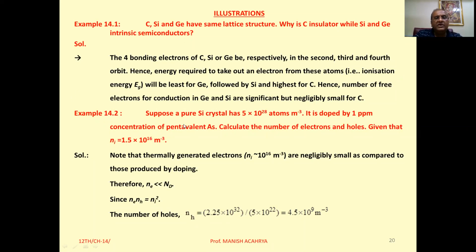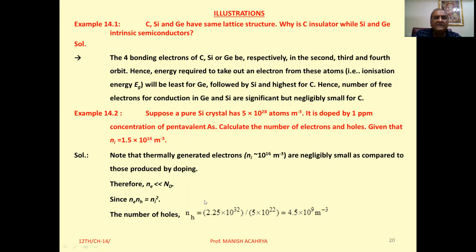Example 14.2. Suppose a pure silicon crystal has 5 into 10 raised to 28 atoms per meter cube. It is doped by 1 ppm, meaning 1 particle per million, concentration of the pentavalent arsenic. Calculate the number of electrons and holes, given that Ni is 1.5 into 10 raised to 16 per meter cube.